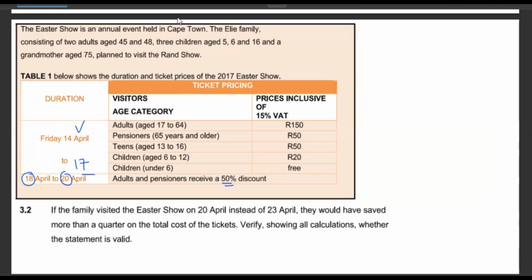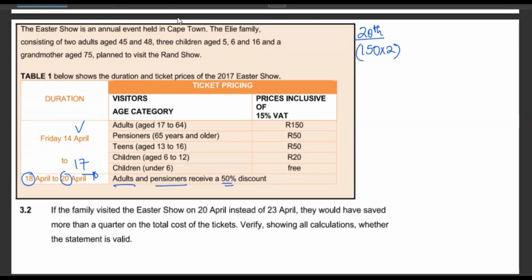So beyond this, no discount. On the 20th, how much would they have paid? They would have paid the discount, but the discount only applies on the adults and the pensioners. So the adults would have paid 150 each, times 2.